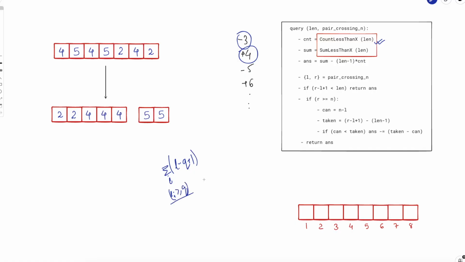But for this to happen, you need to figure out all the elements that are greater than a particular element Q. So sorting is something you can't compromise on.